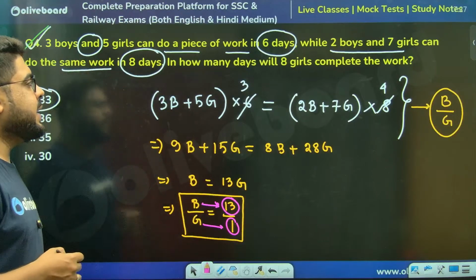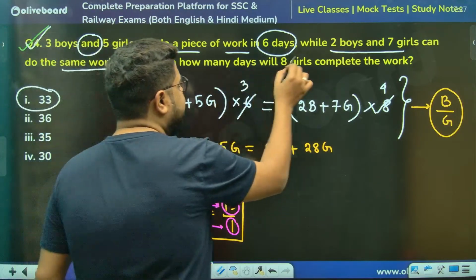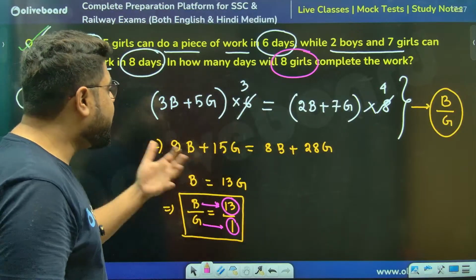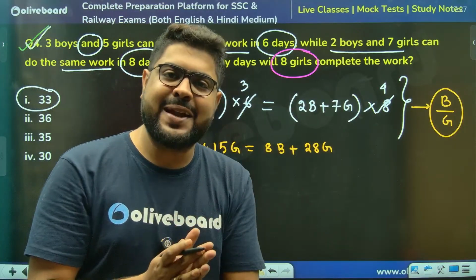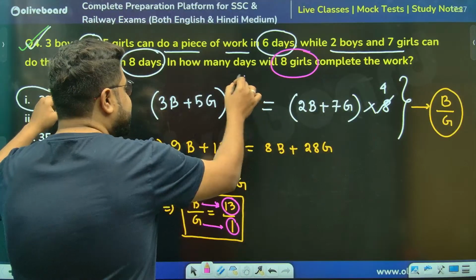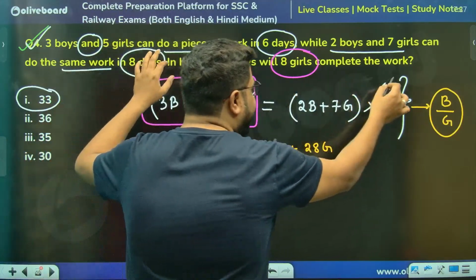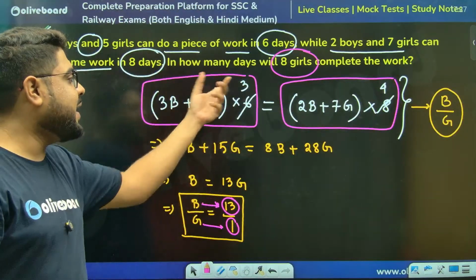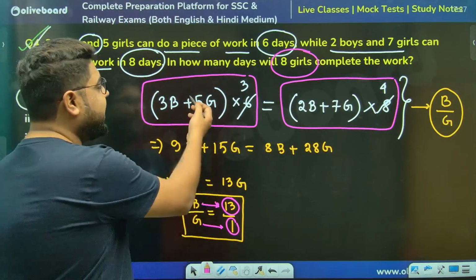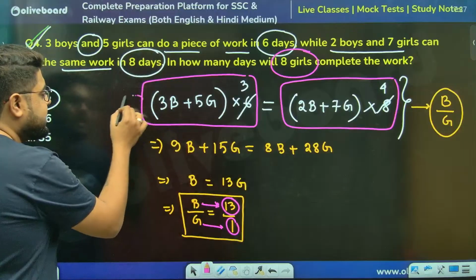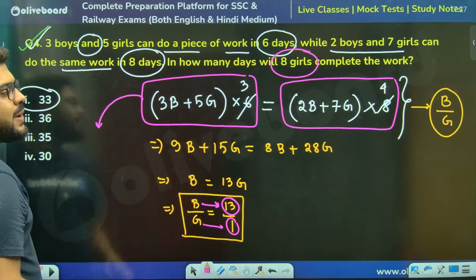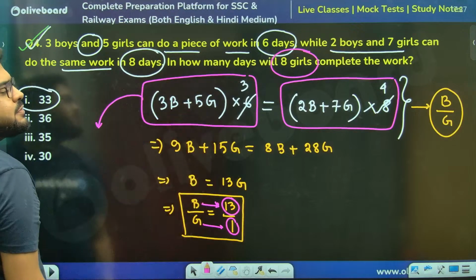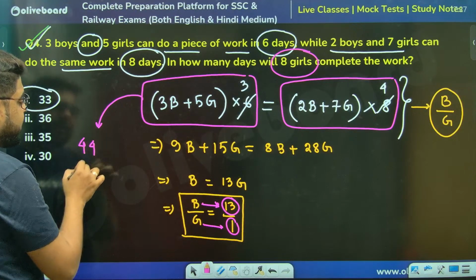Now, how many days will 8 girls complete the work? What is the work? The equation I had made using total work. You can take either one as total work. Let's take this one. So 3 into B, where B is 13 and G is 1: 3 13s are 39, plus 5 into 1 is 5. 39 plus 5 is 44.